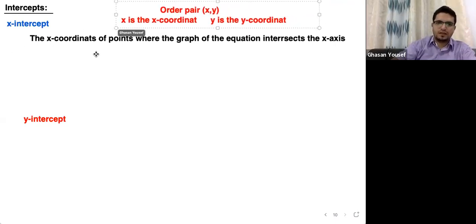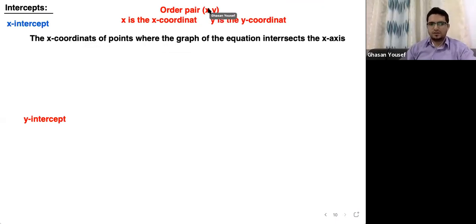Now, the x-intercept is the x of the ordered pair of points where the graph of the equation intersects the x-axis. To find this point, I have to do one thing only. The question is, how can we find it?